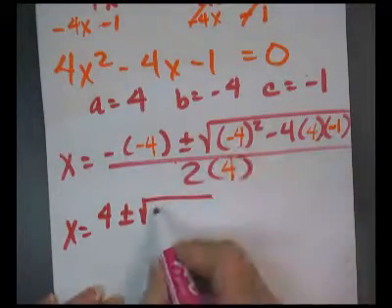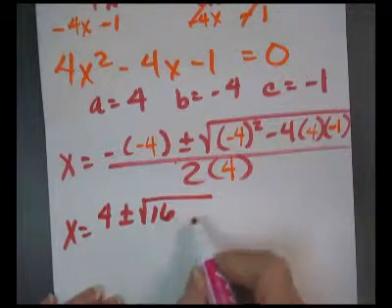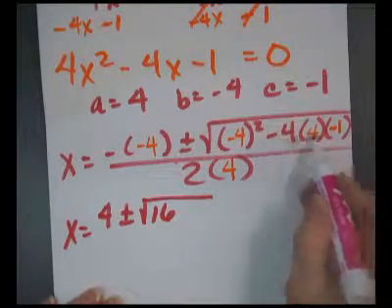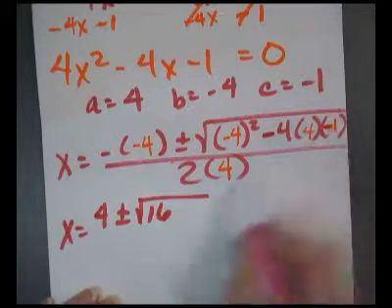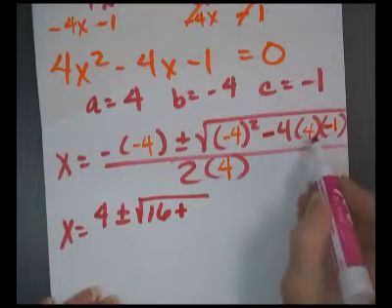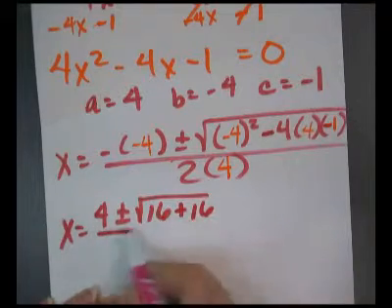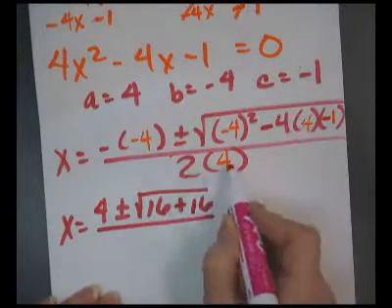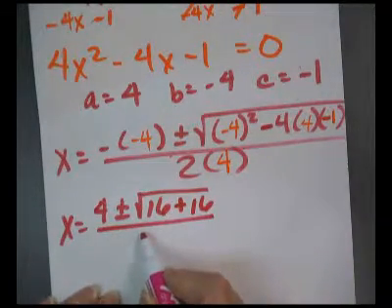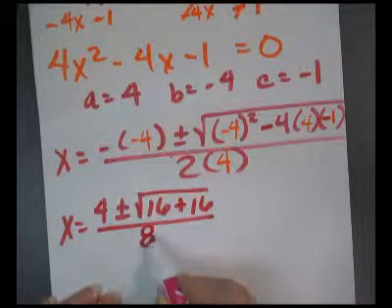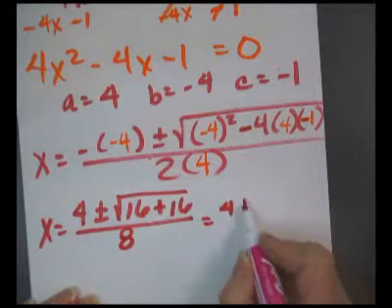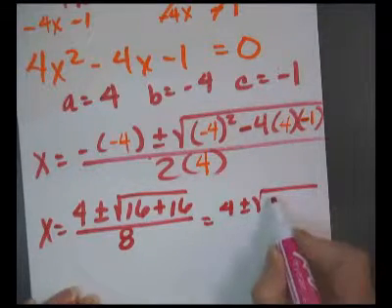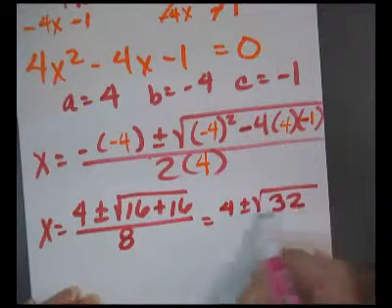-4 squared is 16. Is this going to be a plus or minus? Plus, because we've got 2 negatives. 16 minus 4 times 4 times negative 1, plus 16, so 32. And the bottom is 8. So we have 4 plus or minus square root of 32 over 8.